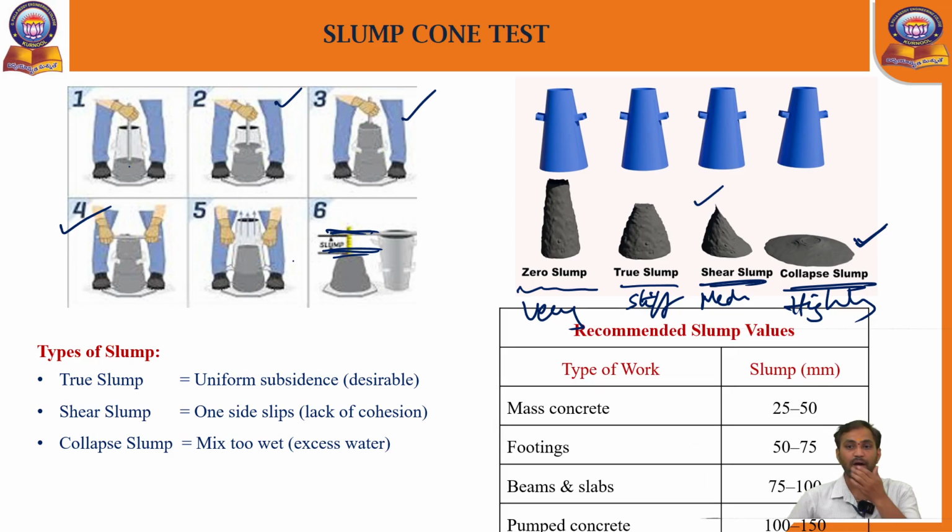Finally, after the calculation, after taking the difference in level, if you get a difference between 25 mm and 50 mm, the concrete can be used for mass concreting.